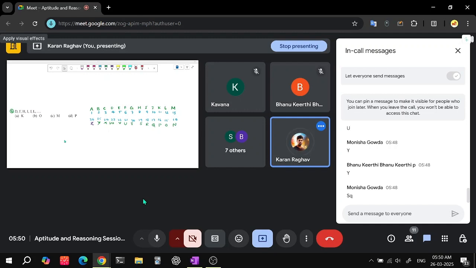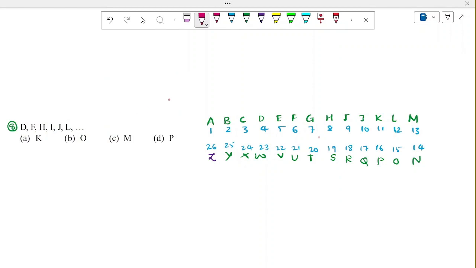It is more related to prime numbers. More related, not the prime numbers only. Okay, still I am not able to get any answers. I'll give you another hint.